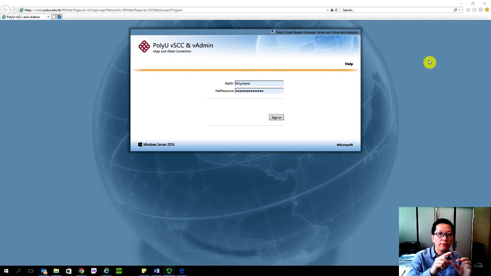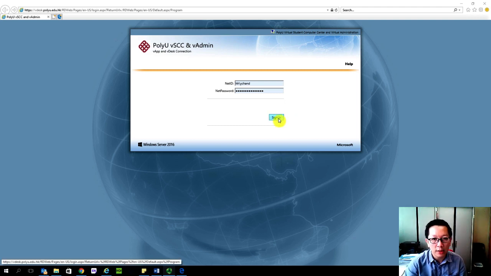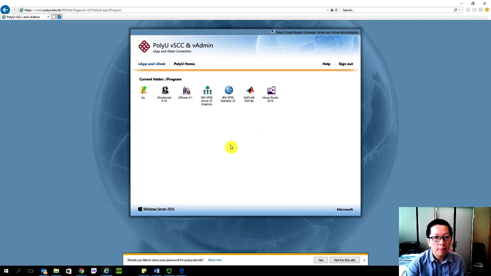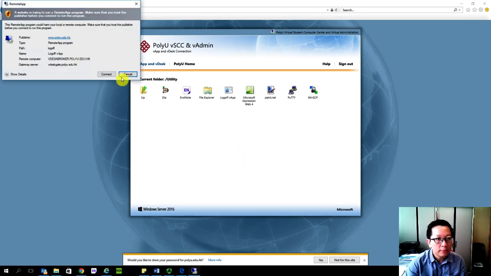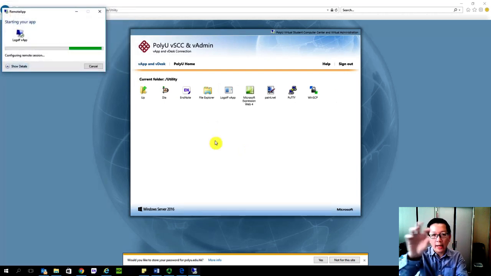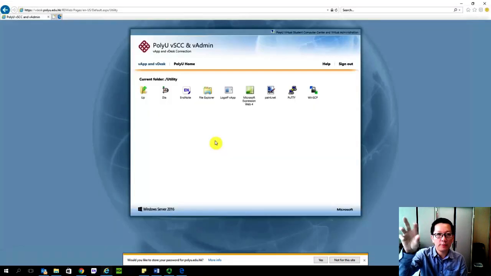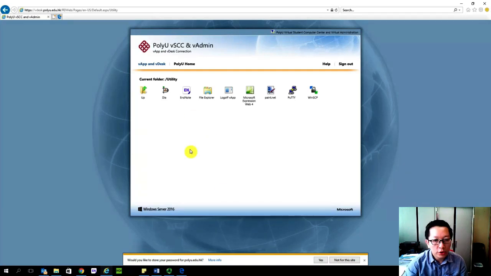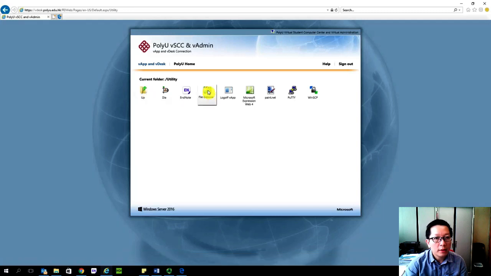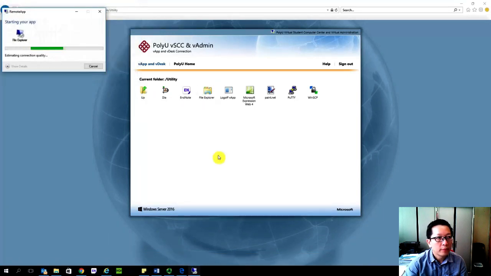I've clicked through the VSCC link, and it asks me to enter my net ID and net password, which I have done. I click sign in, and then I'm going to go to my file. Of course, I can also access this by opening the SPSS software, but what I want to show you here is directly opening the file through the File Explorer.